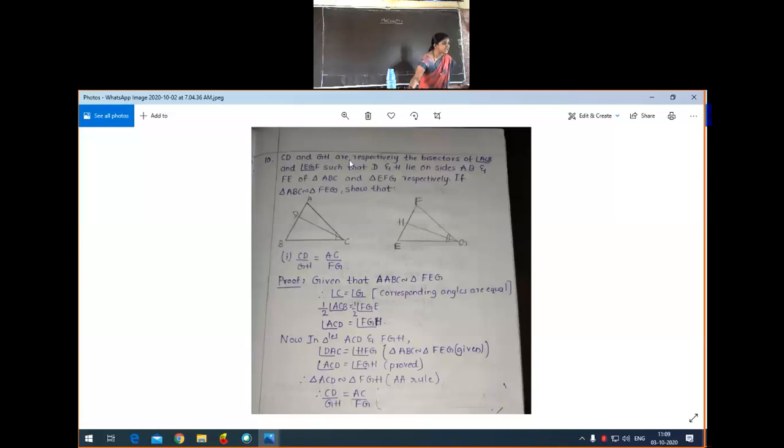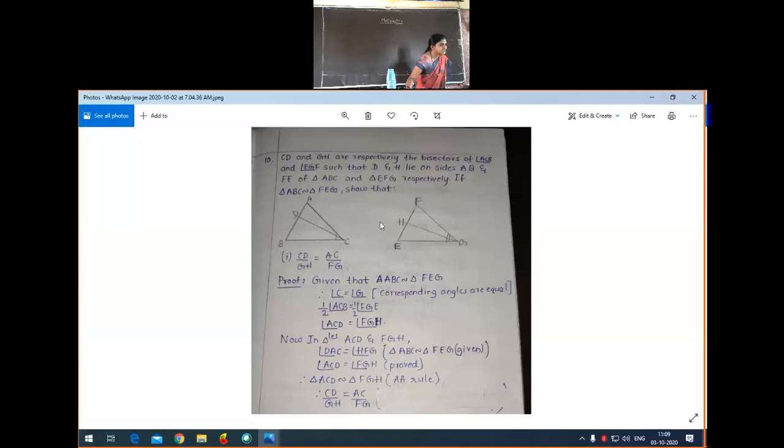CD and GH. Are you observing these lines? CD line and GH are respectively the bisectors. It is given that they are bisectors. The word bisector means which divides the angle into two equal parts, or half parts. Bisectors of angle ACB, in the sense this angle is equal to this one.